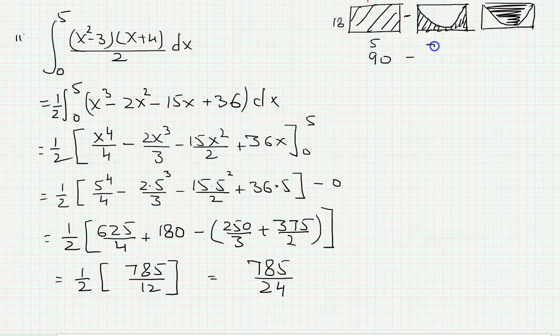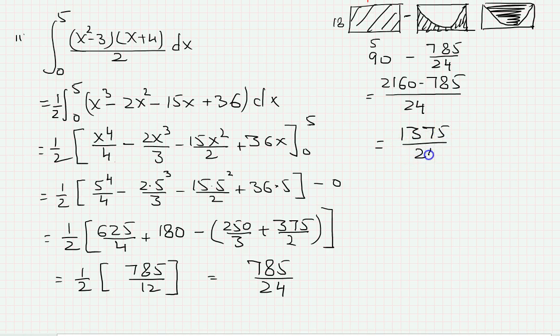So this value is 785 over 24. So that is 24, 2160 minus 785. So that will be 1375 over 24.